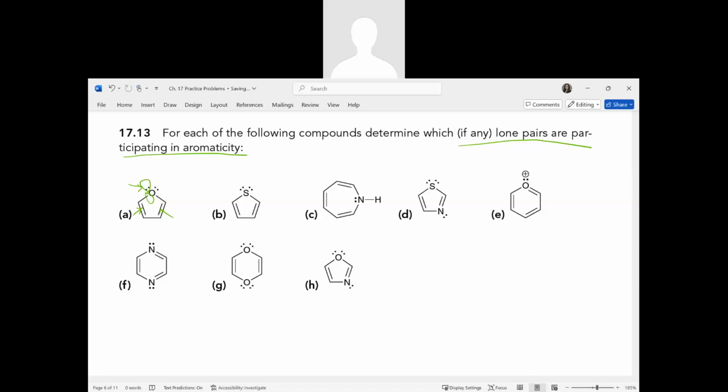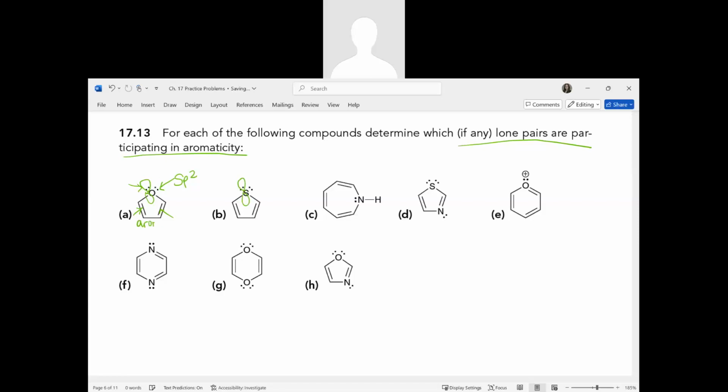And the other lone pair would occupy an sp2 hybridized orbital. So one of these in the plane of the ring, and the other one would be extending outside of the ring. All right, we'll try to represent that. The same thing we would see with this second compound here. One of the lone pairs would occupy a p orbital, and thereby rendering this compound aromatic.